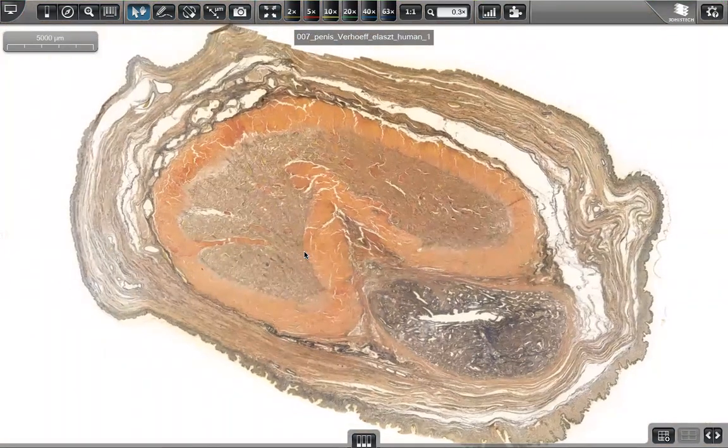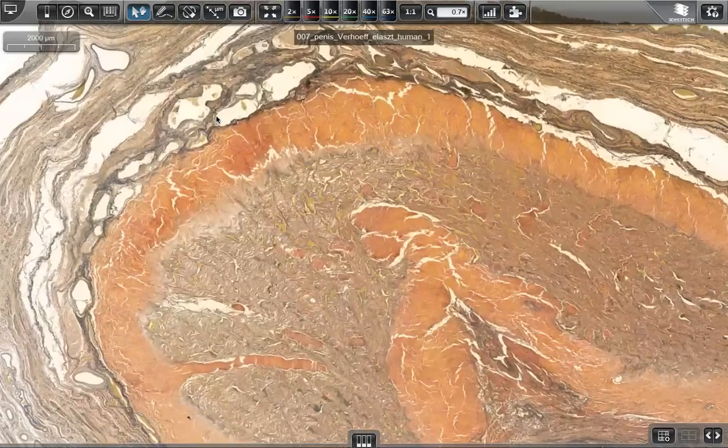Then, just outside the corpora cavernosa, on the surface of it, we can find some vessels, some lumens of the vessels. Superior to the corpora cavernosa, on the dorsal surface of the penis, we can find the lumens of the dorsal vein, the dorsal penile vein.